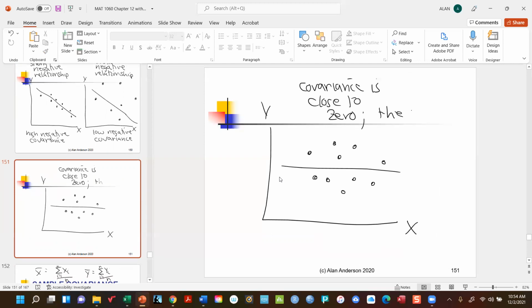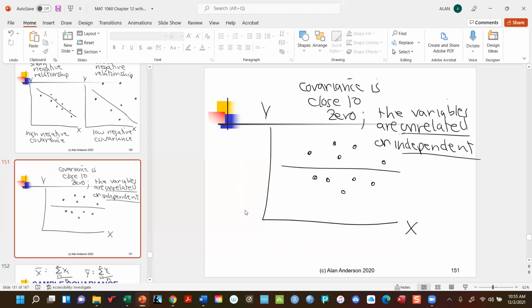The variables are unrelated, or sometimes we say that they're independent, like the case we saw with the corporation's profits and the temperature.